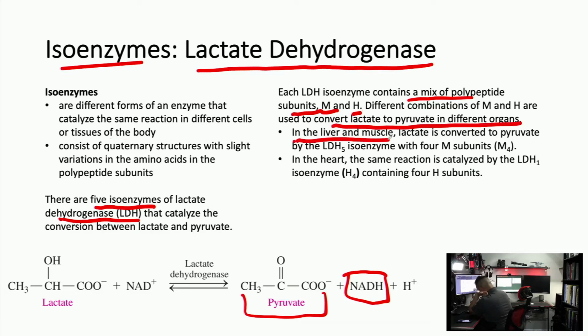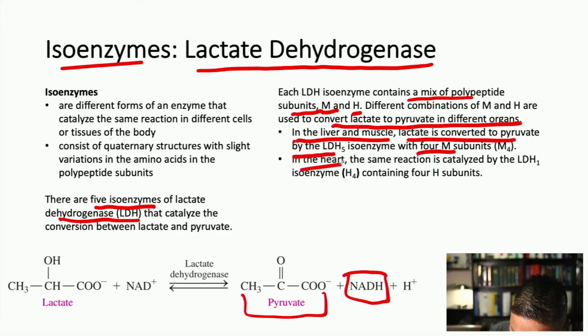In the liver and the muscle, lactate is converted into pyruvate by LDH5, which is isozyme 5, the isozyme with 4 M subunits. In the heart, the same reaction is catalyzed by LDH1, which contains 4 H subunits.